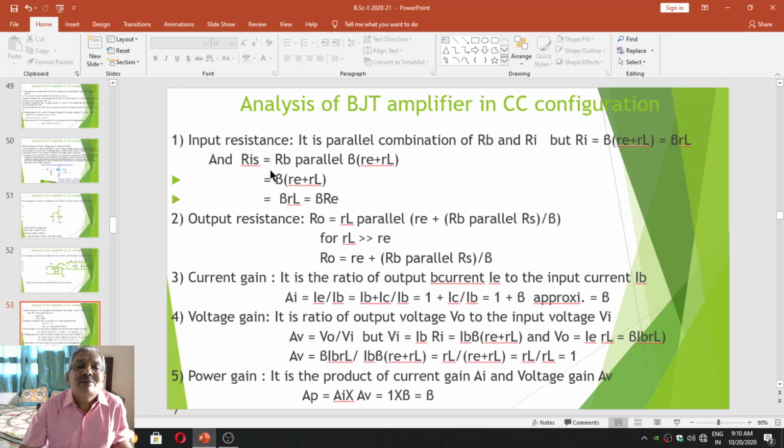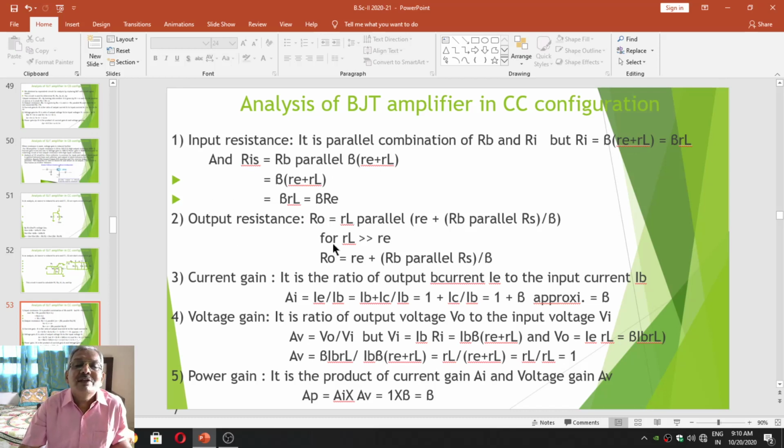And Ri is equal to Rb parallel to beta into Re plus RL, which is equivalent to beta RL. So this is the input resistance that we obtained.